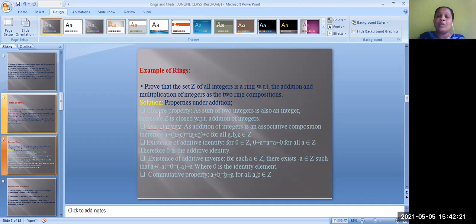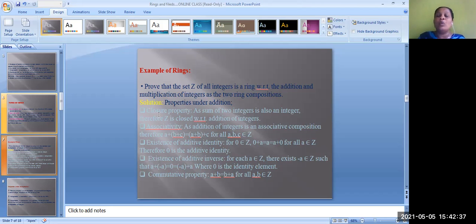Next, additive identity. Here we use 0 as the identity element. For 0 belonging to Z, 0 plus A is equal to A plus 0 for all A belonging to Z, so 0 is an identity.